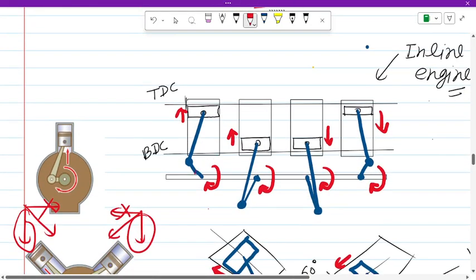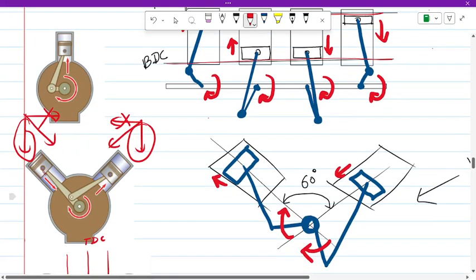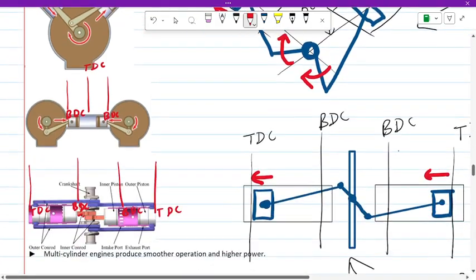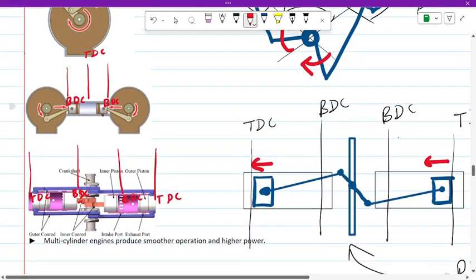This is an inline. Inline means the top dead center of all the cylinders is in the same line, and the bottom dead center of all the cylinders is in the same line. This is V type. And these are the horizontal or opposed type of IC engine, which means their TDC are nearby and BDC are far away from each other.